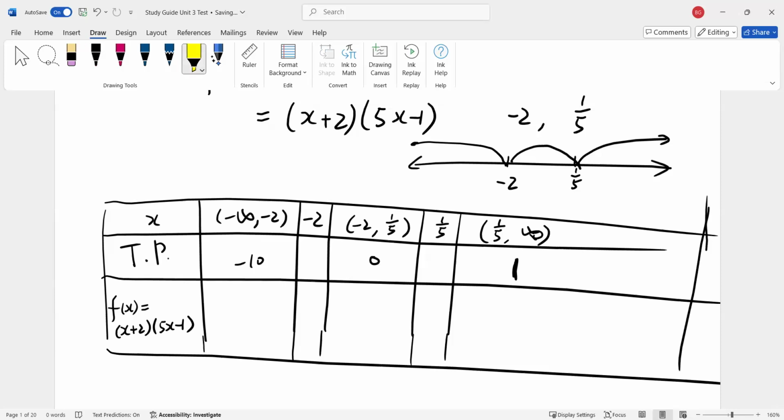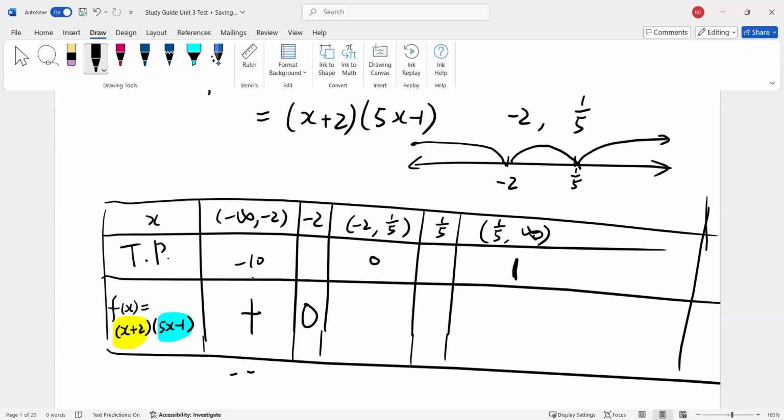And color. First factor yellow, second factor blue. They are multiplying together. When the testing point is -10, yellow is negative, blue is negative, right? Yeah. When we plug in x equals -10, negative times negative is positive. At -2, the function is 0.